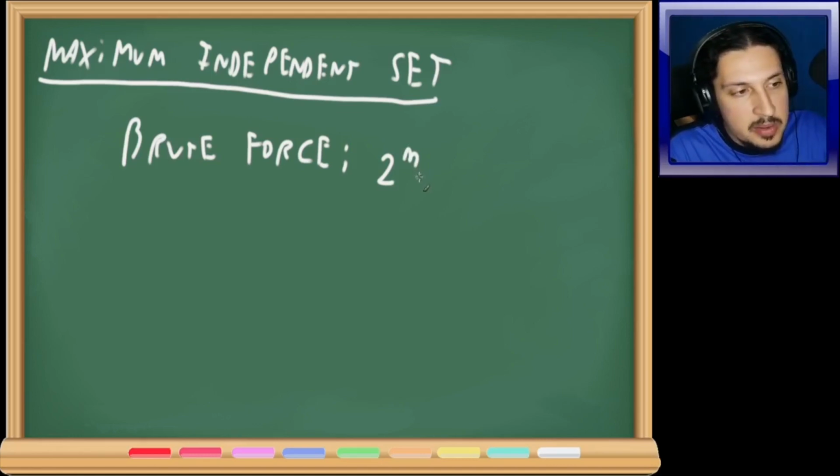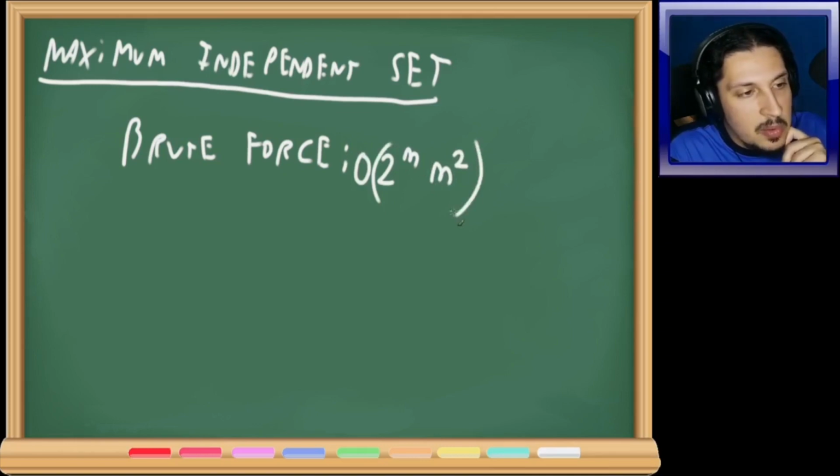And for each set, we would probably need to check every possible edge in the graph. Let's say the graph is a general graph given with an adjacency matrix. So then we will have to check about n squared edges. So this is the final runtime, order 2 to the power of n times n squared. That's pretty terrible, but it might be enough.